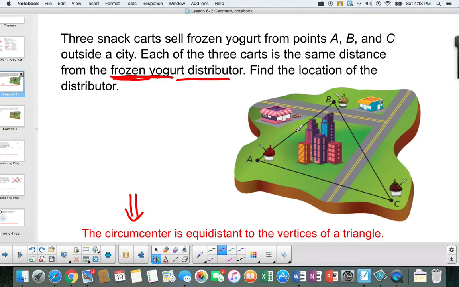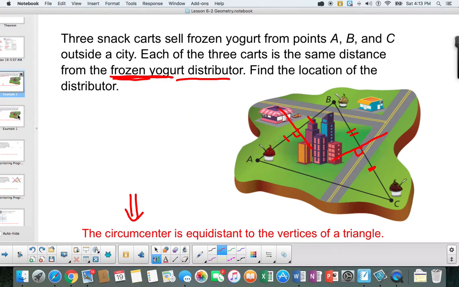So I'm going to try to find the midpoint, and then I'm going to try to draw a perpendicular. I'm going to find a midpoint, and then I'm going to draw a perpendicular. I only have to do it for 2 because 2 lines will intersect at a point. I don't need to do the 3rd one.